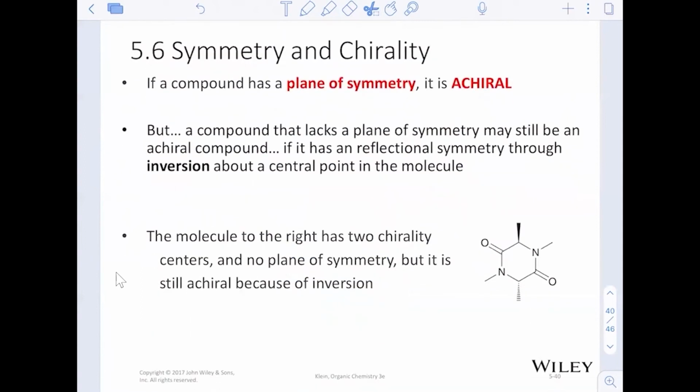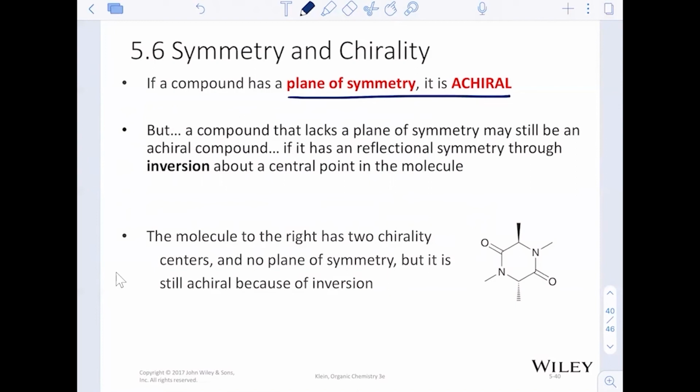But if a compound has a plane of symmetry, it's achiral. That's the main take-home message here. That means it is not chiral, not optically active, does not have an enantiomer. Its enantiomer is itself. So therefore, it's not an enantiomer, it's identical. Now, be very careful.